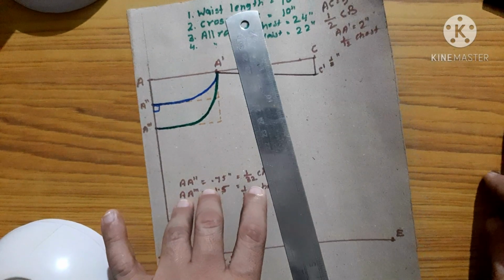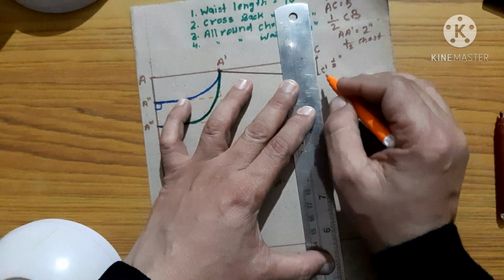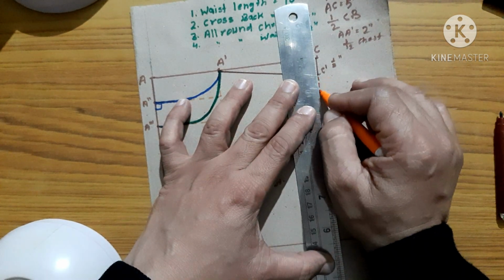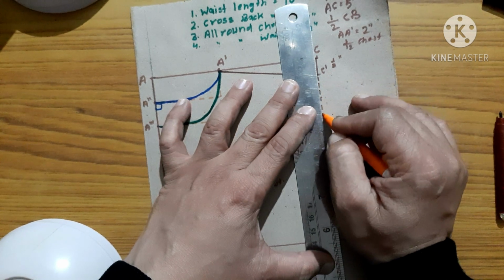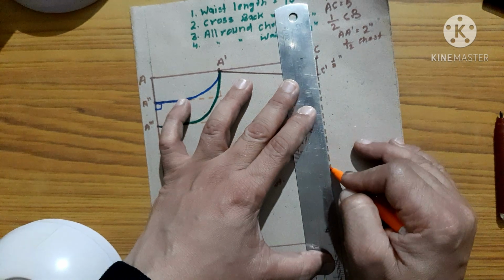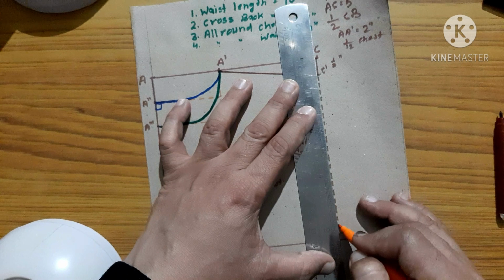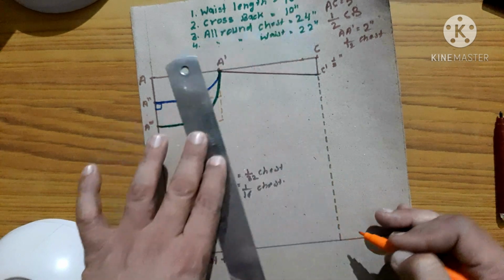Now we'll continue this line, we'll square out a line. It needs to be perpendicular. For that you can use the set square also, as you feel comfortable.